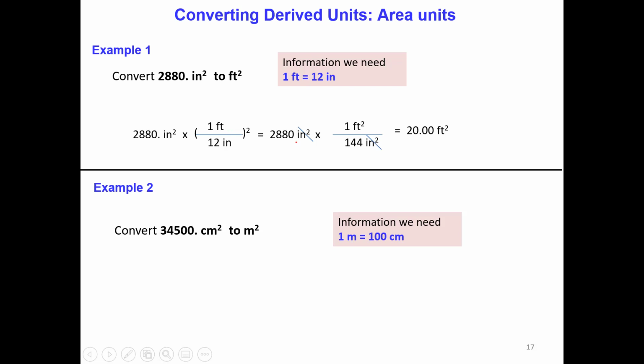Now 1 feet squared is 1 times 1 is 1. This equals to 1 feet squared. Now 12 inches squared, let me write here.